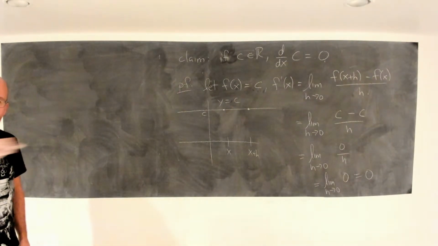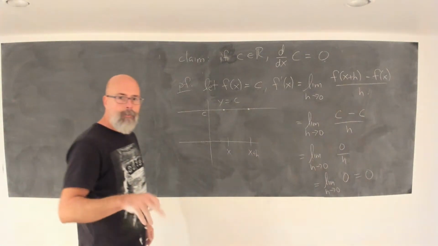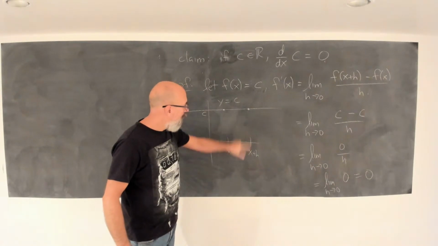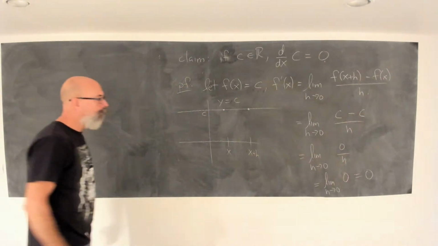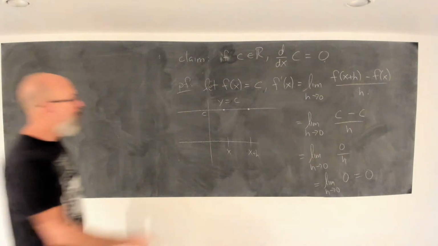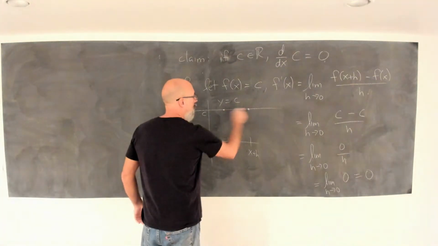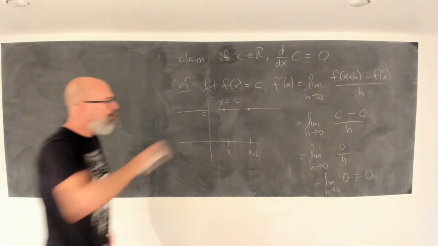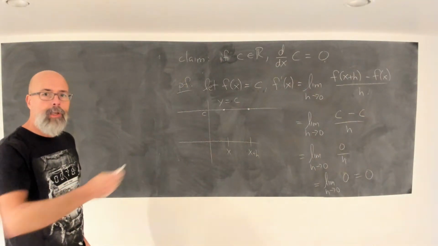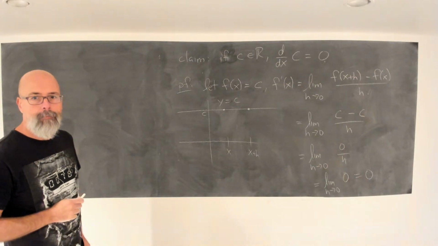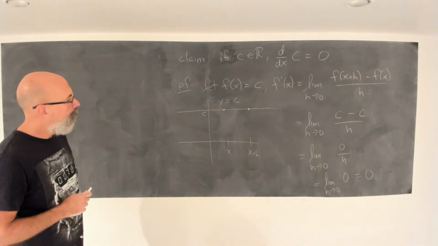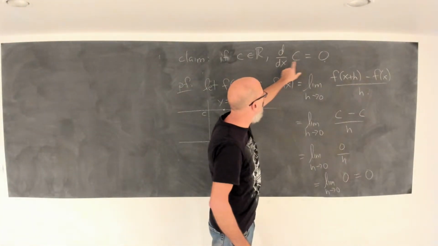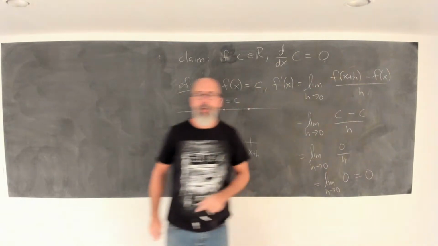The slope of the tangent line is 0. Well, if you were asking how we got f of x plus h to be c, you see it now from the graph. The line joining these 2 points has slope 0. So the limit of that is going to be 0. The derivative of a constant is 0.